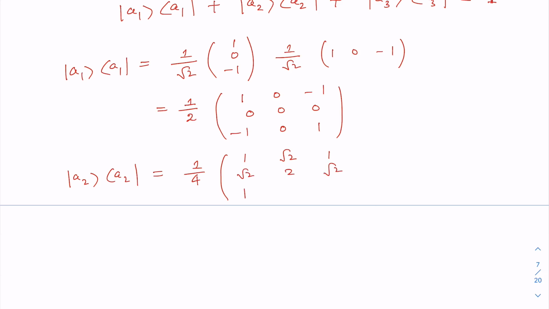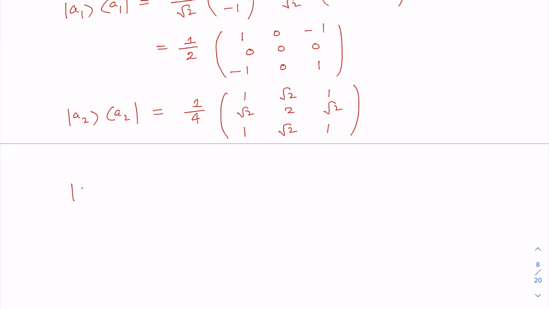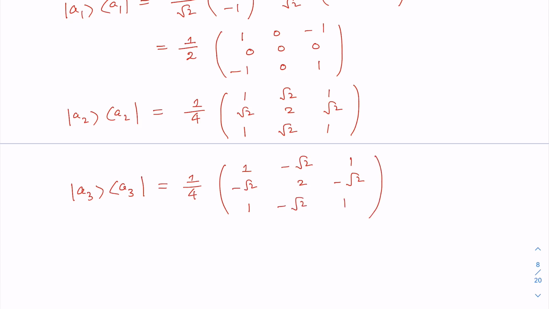Please verify these things yourself. Simple calculations. And ket a3 bra a3, you will get as 1 by 4 times the matrix with rows (1, minus root 2, 1), (minus root 2, 2, minus root 2), (1, minus root 2, 1).